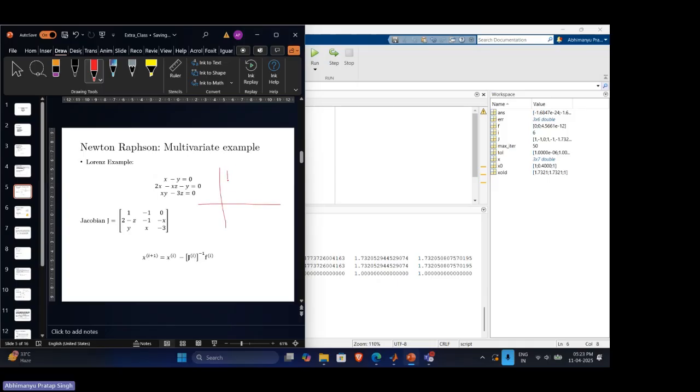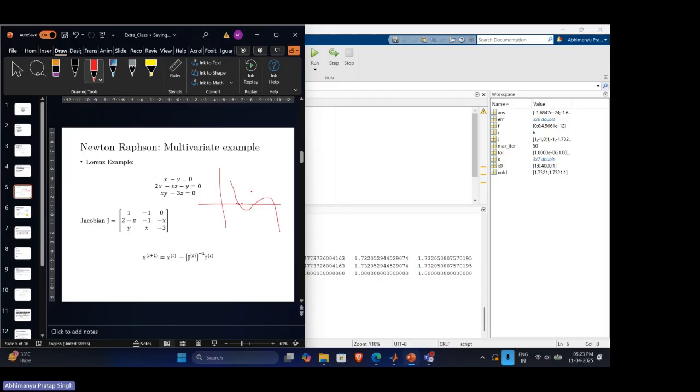Suppose we have a solution like this, or this. You can see that we have three solutions over here, right? Suppose I start somewhere over here, I eventually reach this point. That is like one solution.